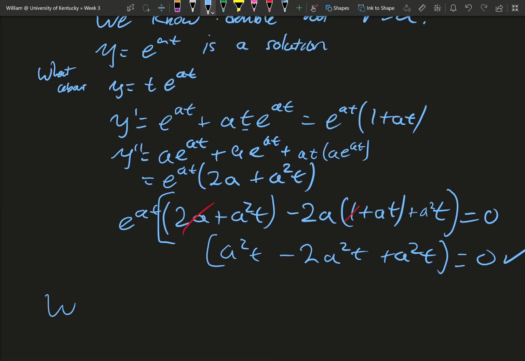And we should also, in theory, at least check that the Wronskian of t and e to the at is non-zero, but I'm not going to bother with this.